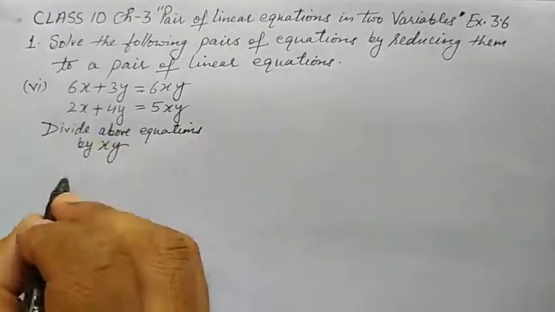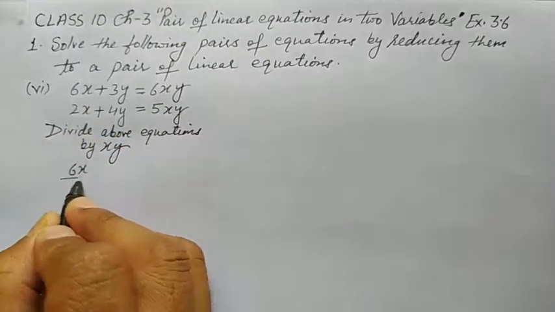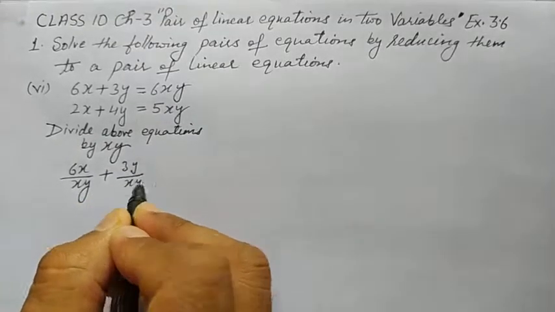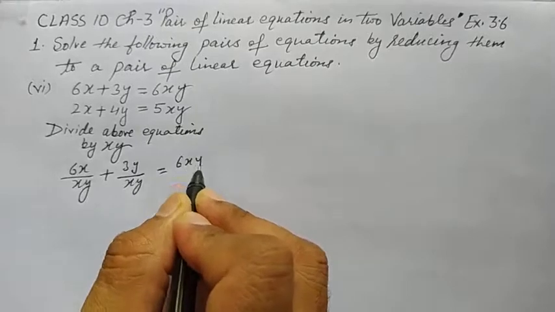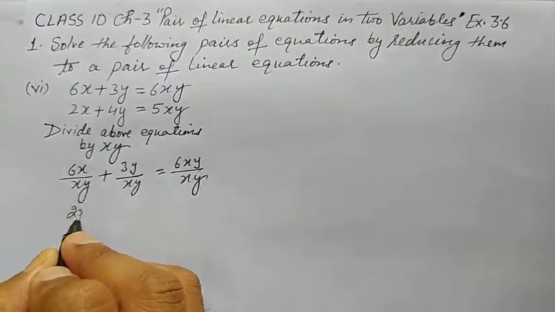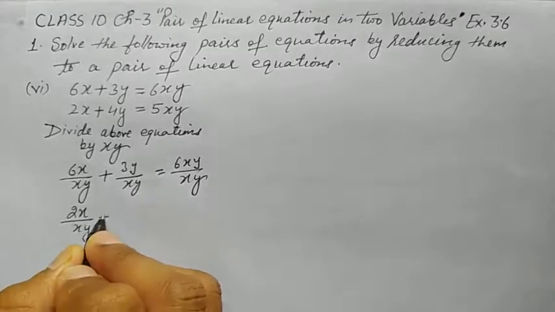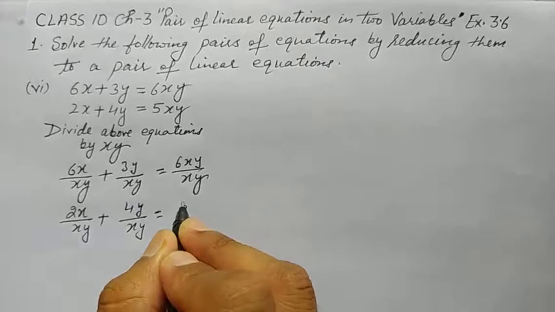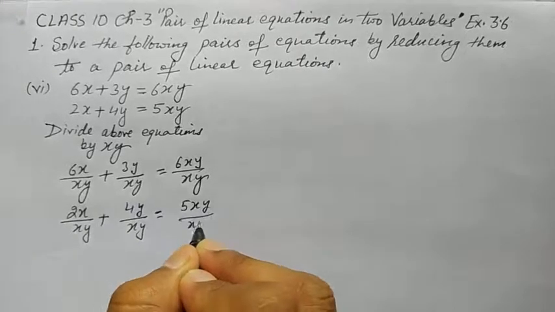So it becomes 6x over xy plus 3y over xy is equal to 6xy over xy, and the second equation becomes 2x over xy plus 4y over xy is equal to 5xy over xy.